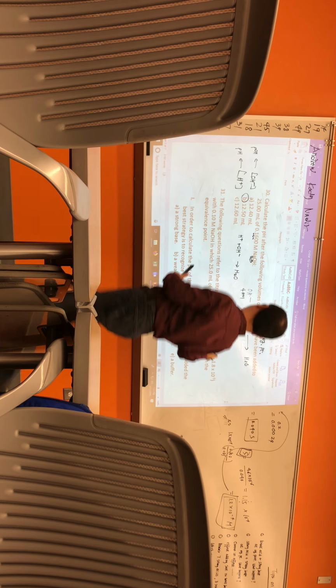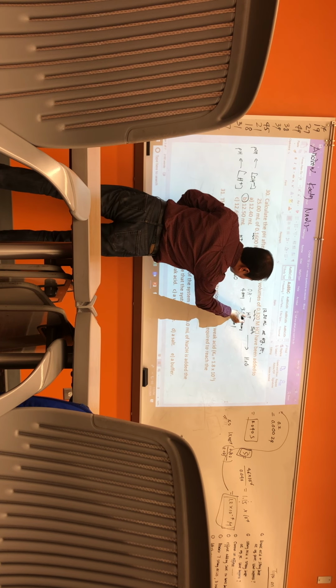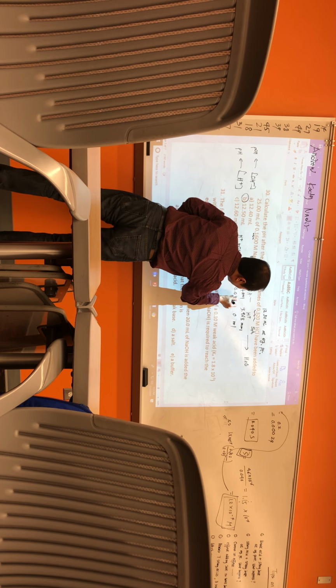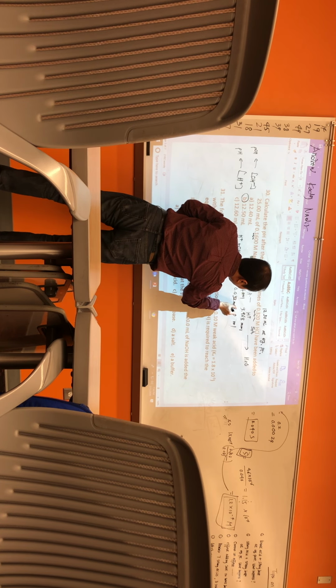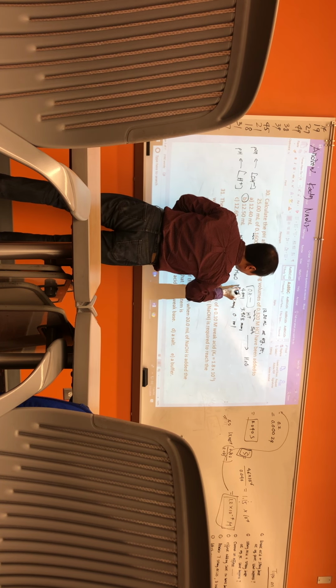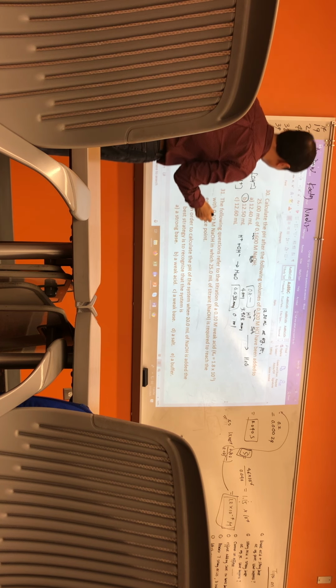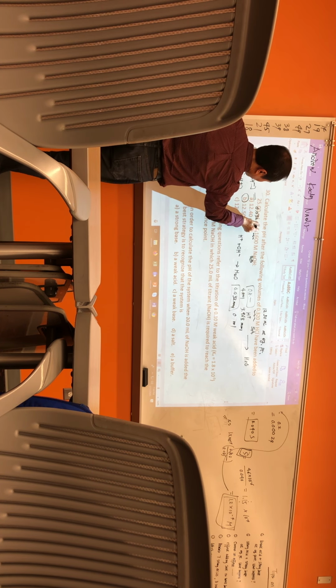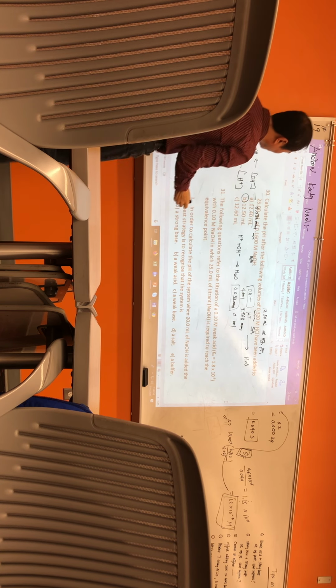We are not interested in the water. The hydroxide left over will be 0.032 millimole.